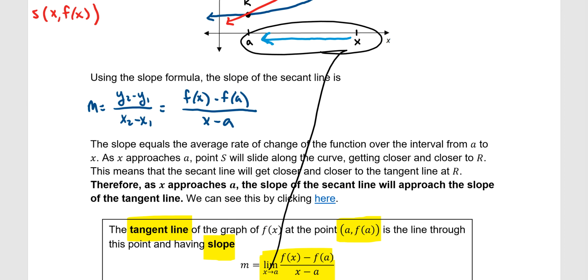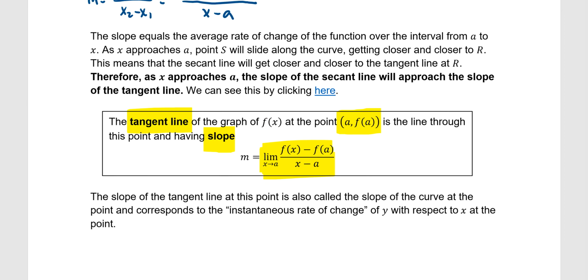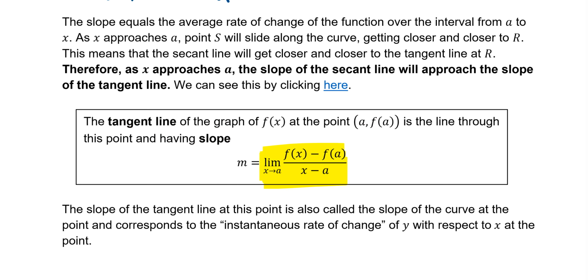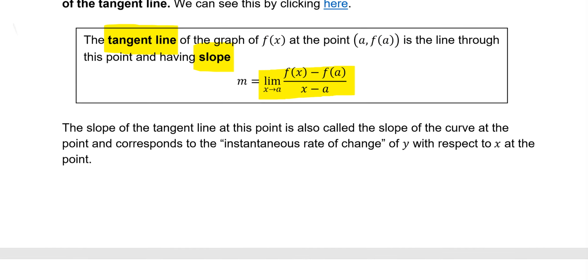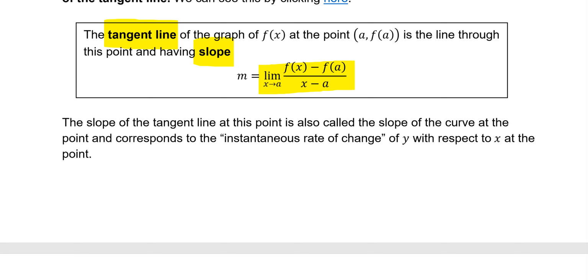X is getting closer and closer to a. So long story short, this little formula right here, the limit as x approaches a of f of x minus f of a over x minus a, represents the slope of the tangent line at x equals a. This is also called the instantaneous rate of change at that point as well.